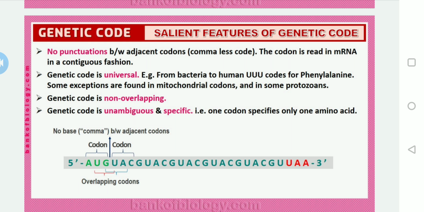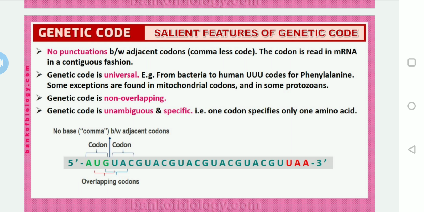The next one is that the genetic code is non-overlapping. What is the meaning of that? If we observe the codons present on the messenger RNA, each 3 successive nucleotides present on the messenger RNA strand form a codon that codes for a specific amino acid.